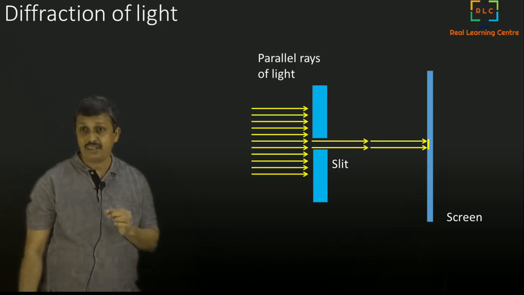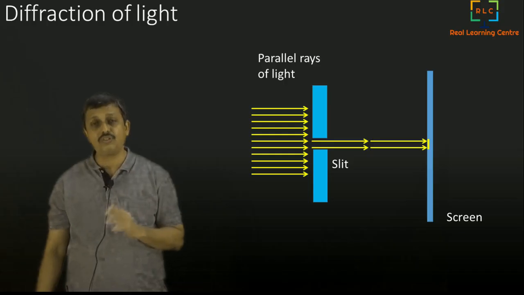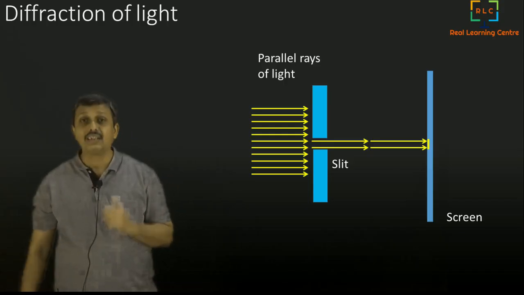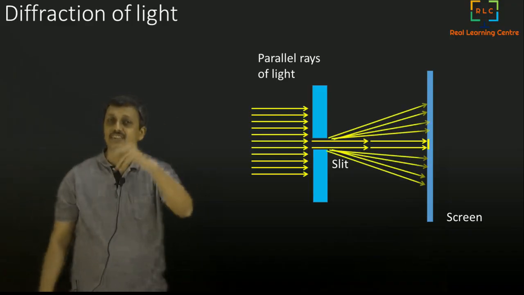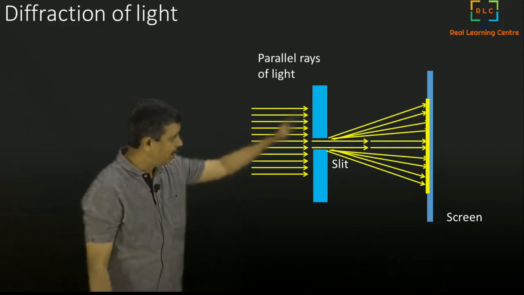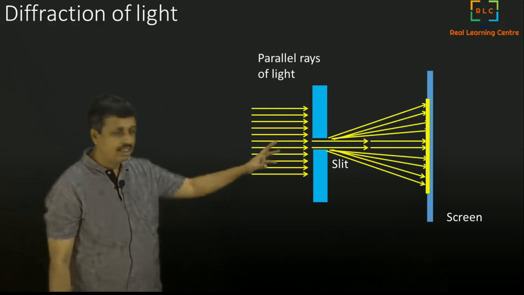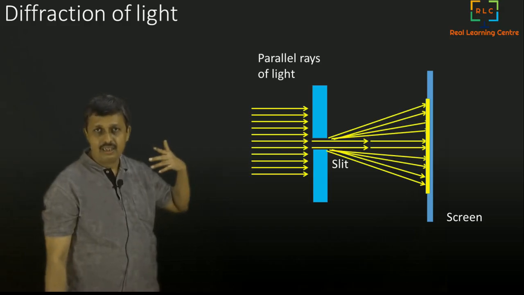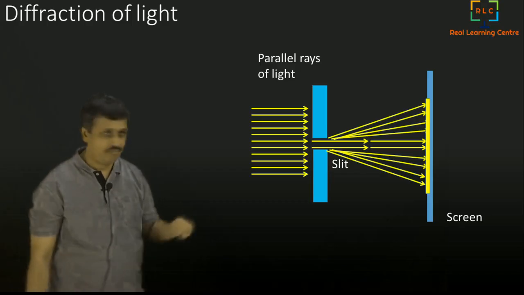So this is what we expect, but it's not what is going to happen. What is going to happen is the light actually spreads like this, and you can see a lot of illumination of light, though the light does not have exactly the same amount everywhere.